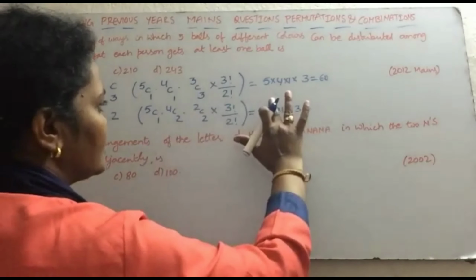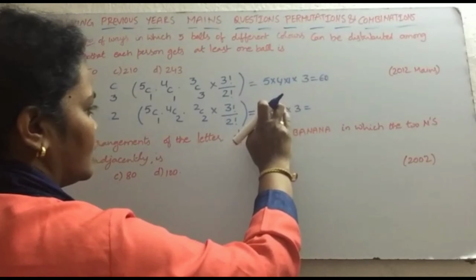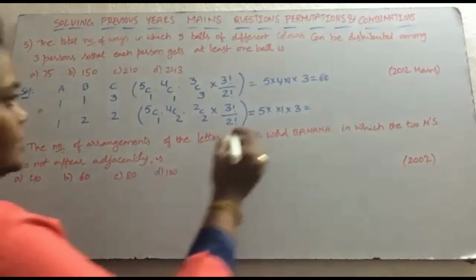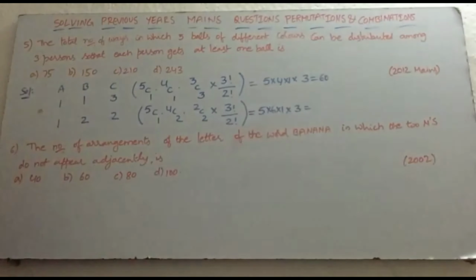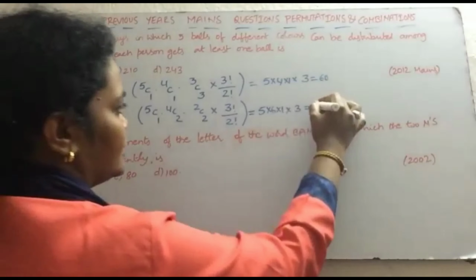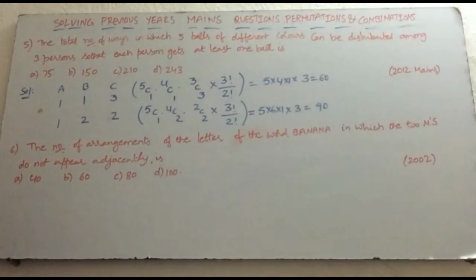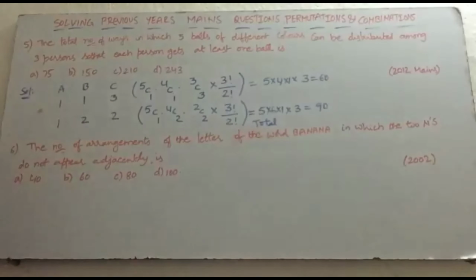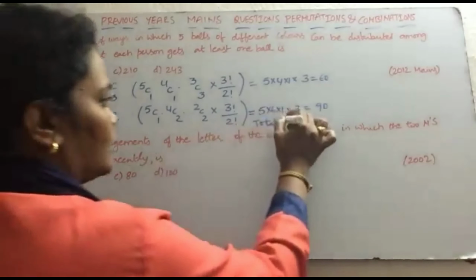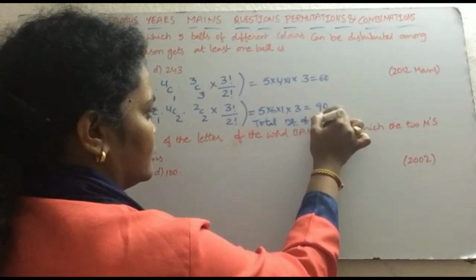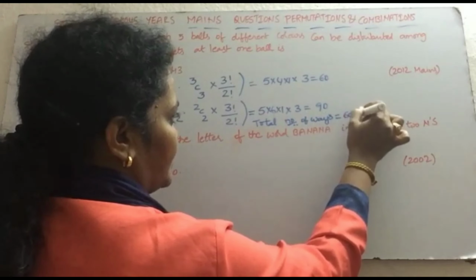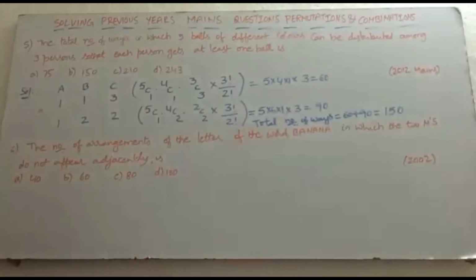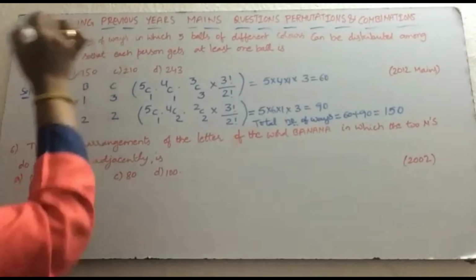Sorry, 4C2 means 6. So 5 into 6 into 3, that is 90. So the total number of ways is 60 plus 90, that is equal to 150. So the option is B, 150 ways.